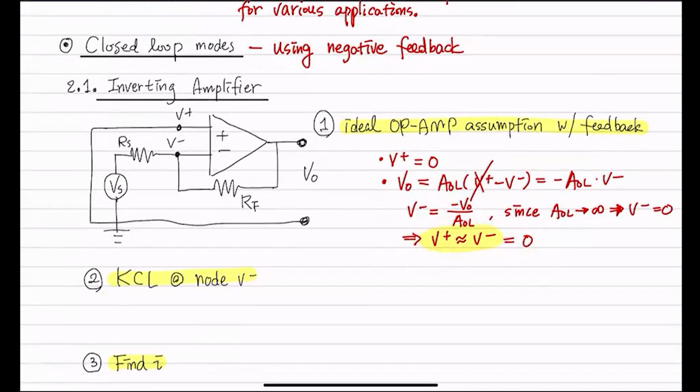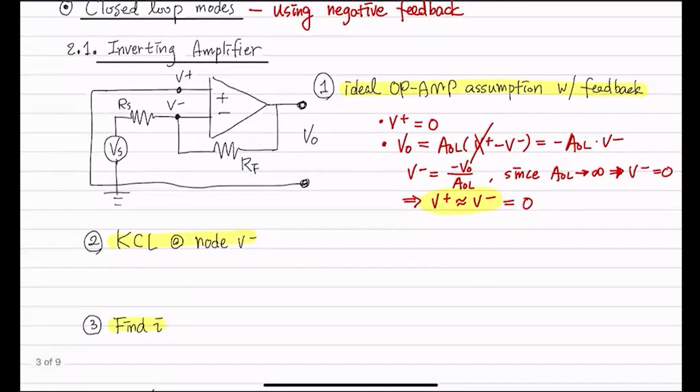And the next step is we would like to use Kirchhoff's current law at the negative node, which is this guy here. By the way, can anybody tell me what KCL is, Kirchhoff's current law? Yeah, exactly. Well, I call it flow in is the same as flow out.